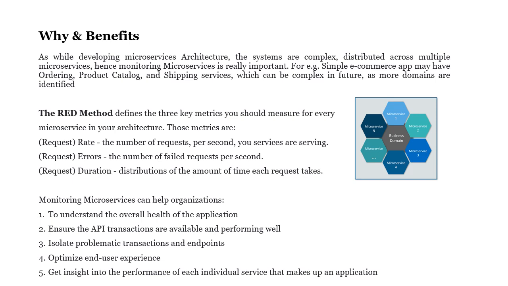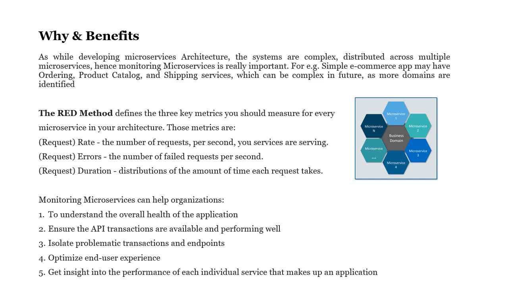There are key performance metrics which you should measure for each microservice in your application. You can refer to the RED method, where R stands for rate. It is the number of requests per second the service is serving. E is errors, meaning the number of failed requests per second, right?